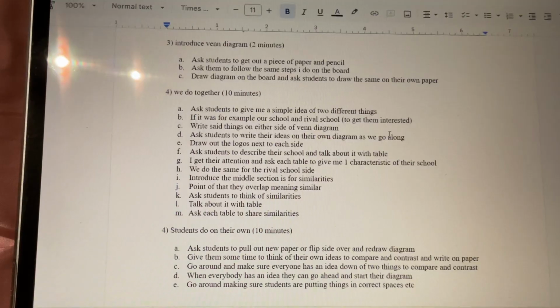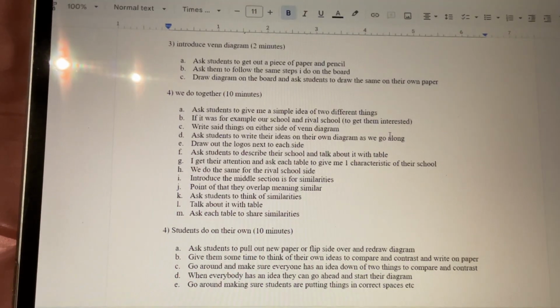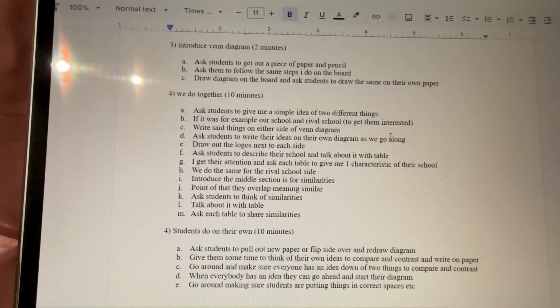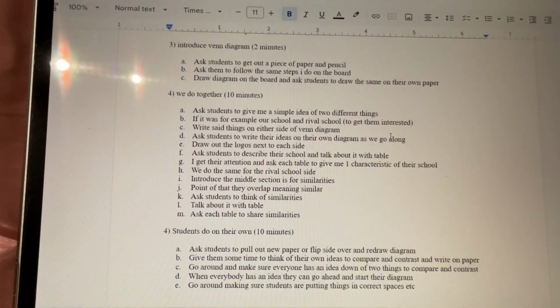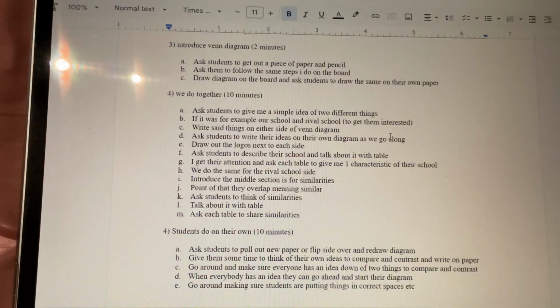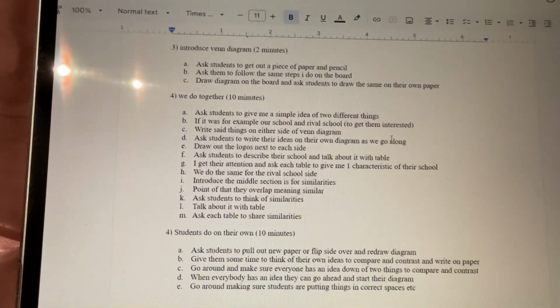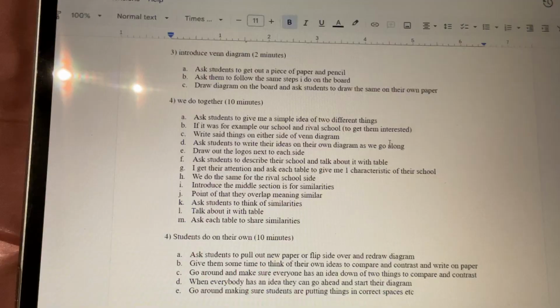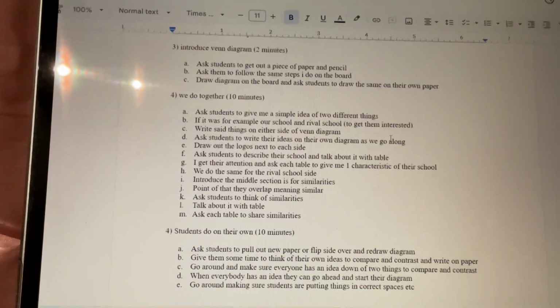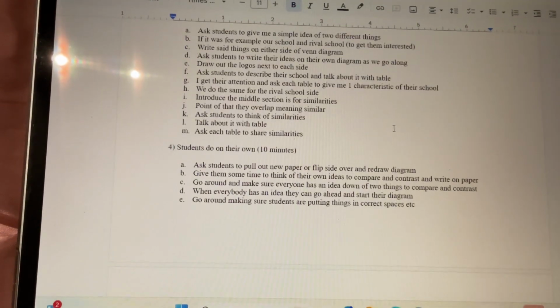And so as we go, we would write on one side things about our school, and then on the other side things about the other school. And I would also draw each logo next to each side of each school, just because a visual component can never hurt, and just having text would probably not be as helpful.